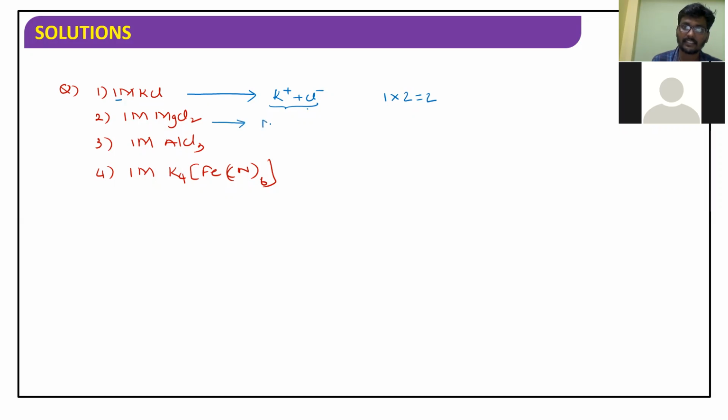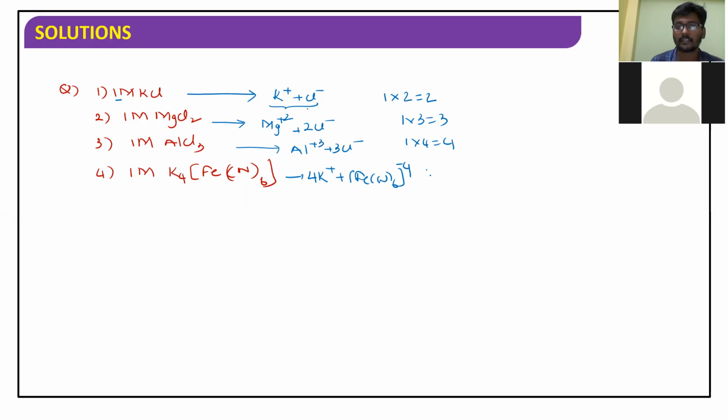MgCl2 dissociates as Mg plus 2 and 2 Cl minus, total 3. 1 into 3, 3 particles. AlCl3: Al plus 3, 3 Cl minus, 4 particles. K4Fe(CN)6: total 5 particles.